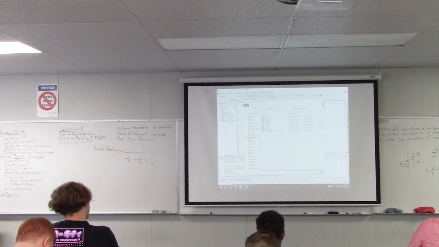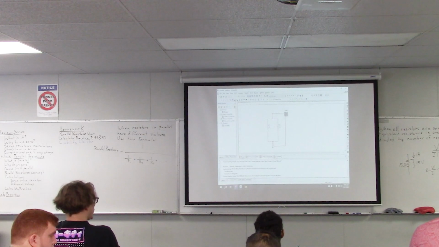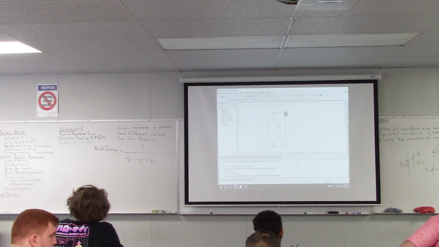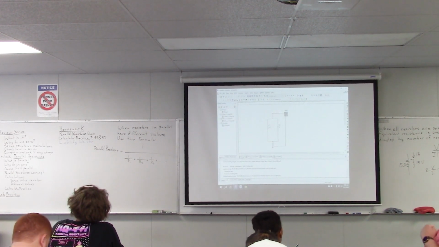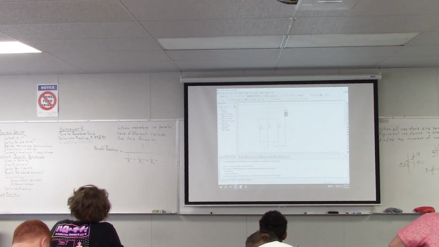So we'll come here to the parallel resistors. I'm sorry, I skipped a part here. There's a part where you're doing this with just 2 resistors in parallel, so that would be here. And then we're doing the part where you have 3 in parallel.